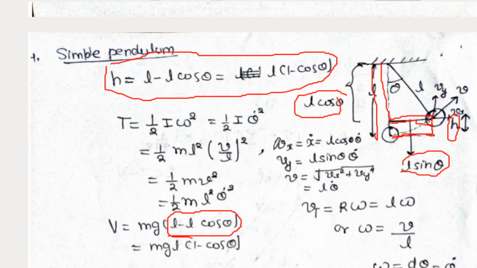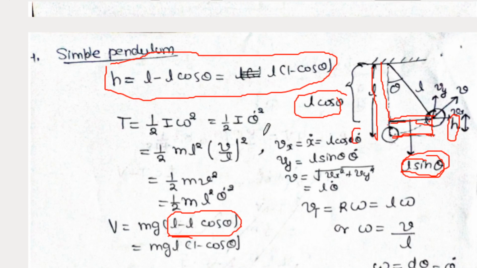So you can consider the x component of the velocity, vx, is equal to the derivative of x, x dot, which is equal to L cos theta theta dot.